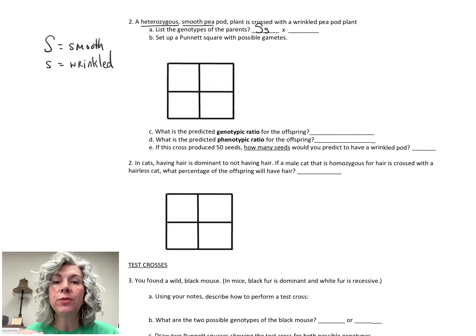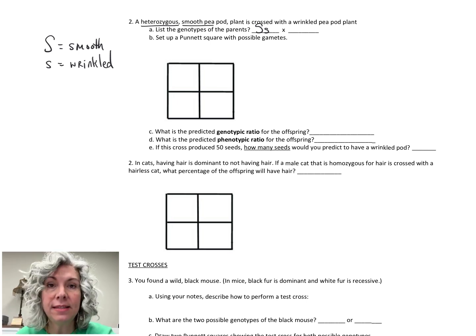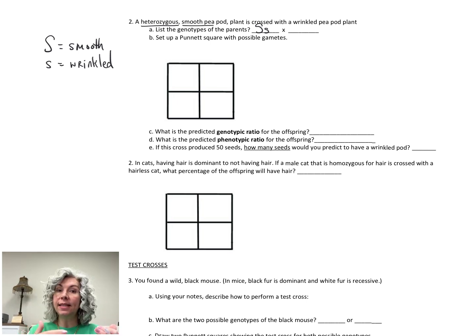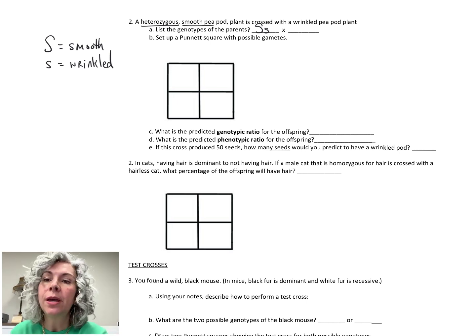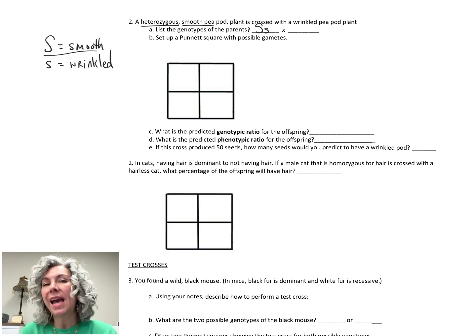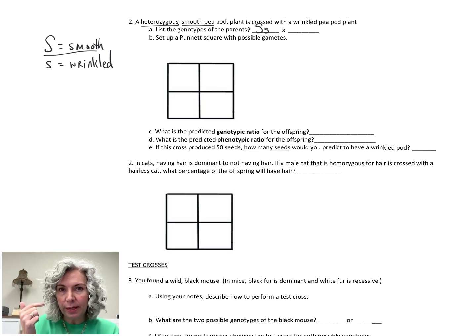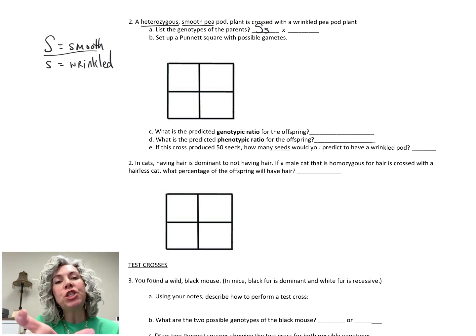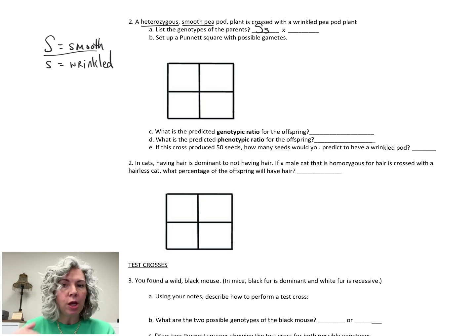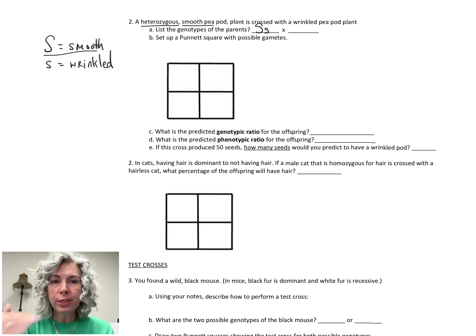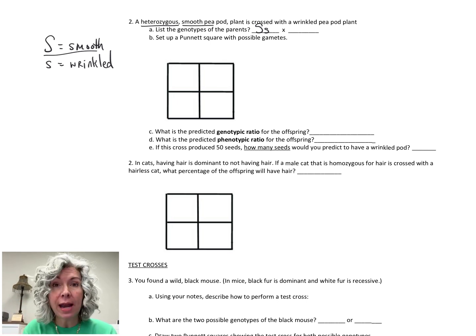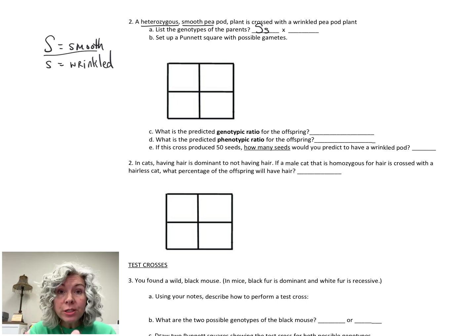It says heterozygous smooth. So hetero means big S, little s, and since it tells us it's smooth, smooth has to be dominant. You have to think about this a little bit. Even though the question didn't straight up say smooth is dominant, wrinkled is recessive, you can figure that out from the question.